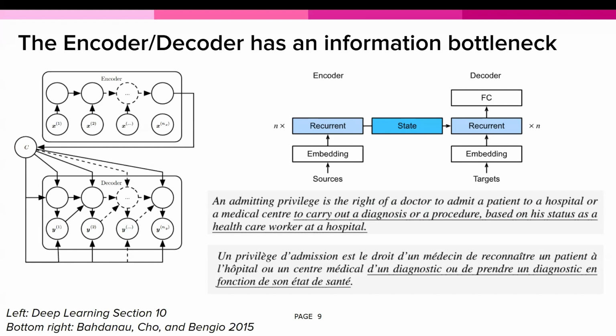The idea was that this single vector could act as a kind of sufficient statistic of the entire input, so that the decoder can use it to generate the output sequence word by word.